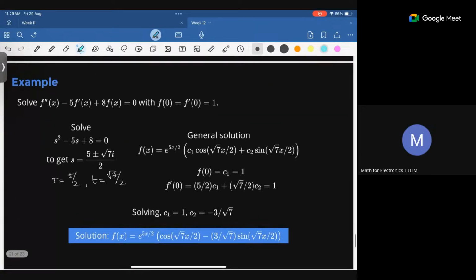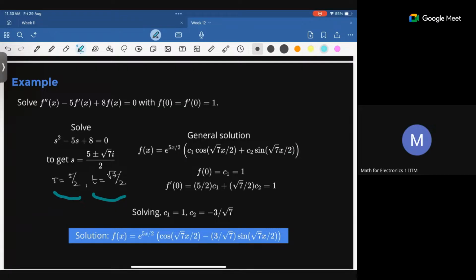Okay. So this is the example. Here you can see r is 5 by 2 and t is root 7 by 2. Once you solve that quadratic equation, we'll get roots like this. Once r is 5 by 2 and t is root 7 by 2, the solution will look like this.